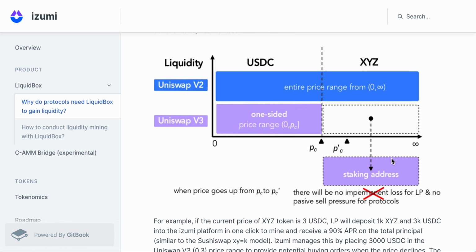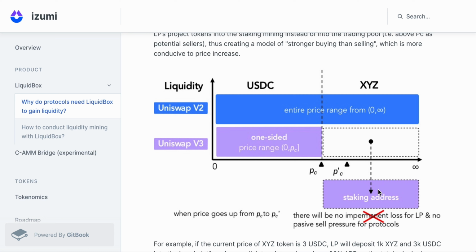There will be no buy order like in Uniswap V2, and the number will not decrease. So there is no impermanent loss, just an additional liquidity reward. When the price of the XYZ token drops, users need to bear the same impermanent loss because at this time USDC is replaced by the XYZ token.